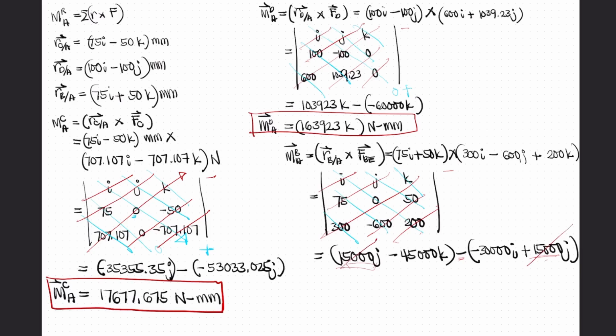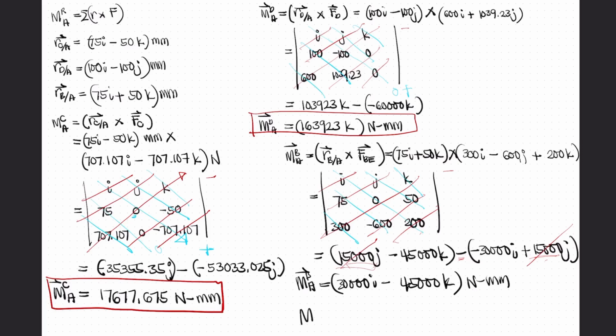Ang mabilin is equal to third positive I minus K, 45,000 Newton mm. So this is MB with respect to A.